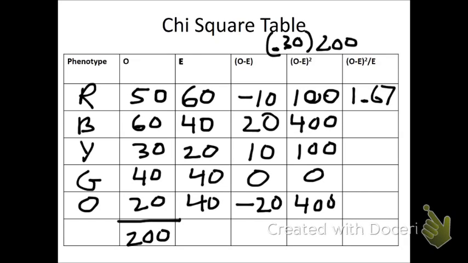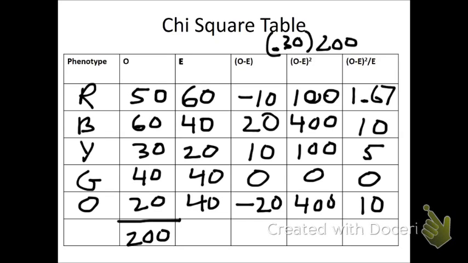For the brown row, O minus E squared, 400, divided by E, 40, you get 10. The yellow row, O minus E squared is 100, divided by E, 20, so you get 5. Green row, O minus E squared is just 0. And then for the orange row, O minus E squared is 400, divided by E, 40, that gives you 10.